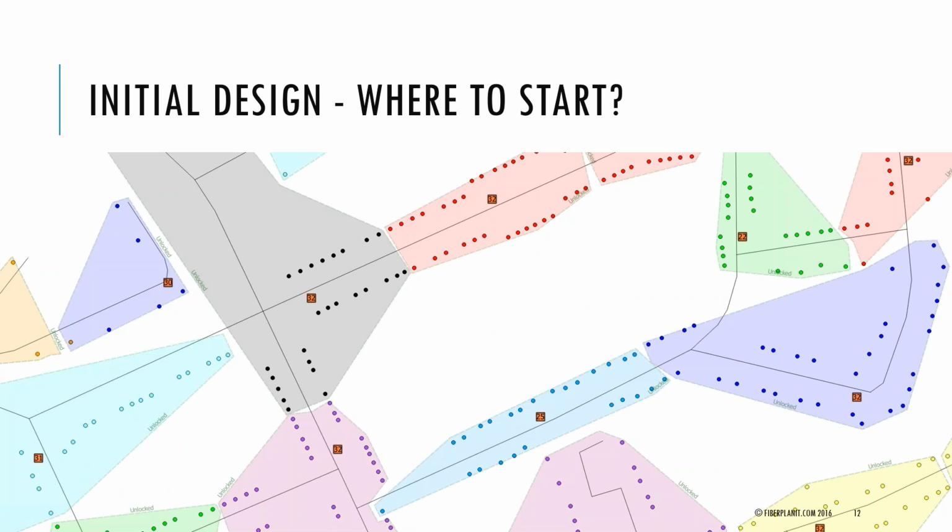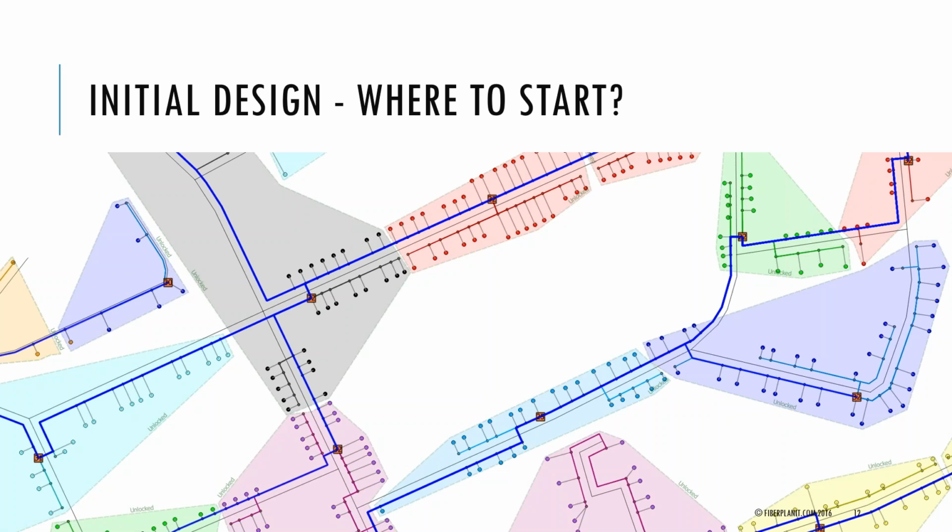So that's also something in a manual design. So which buildings will be connected to which fiber concentration points, and where will they be located as well? And then lastly, you also need to route all of the different cables, drop cables, distribution, feeder cables, back to your central office.